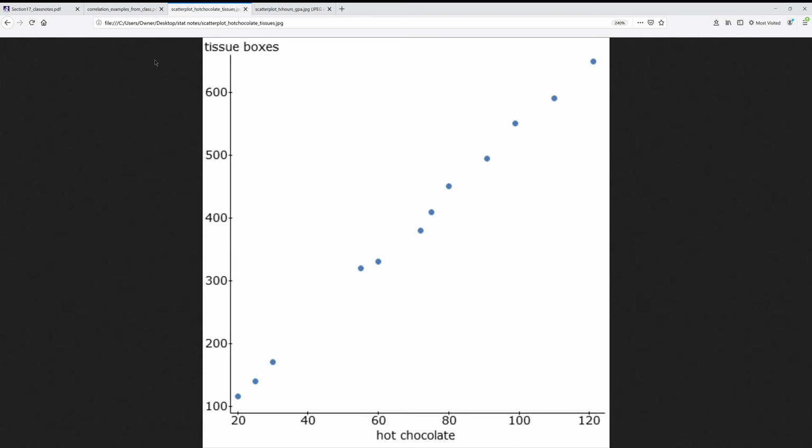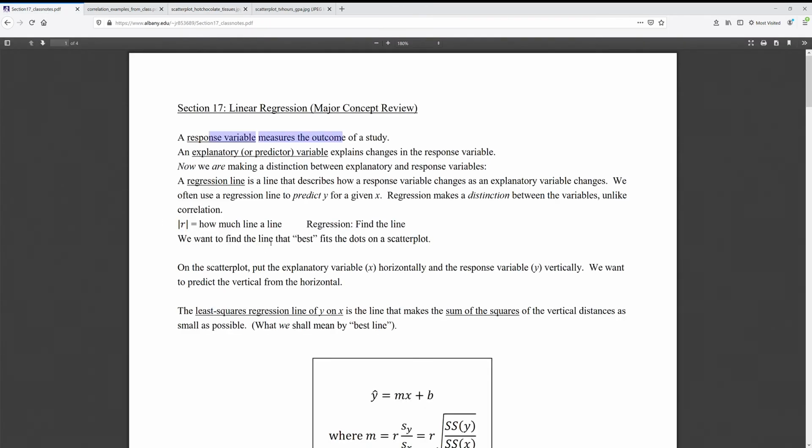You want to avoid the word cause, but nevertheless, you may be able to predict. You may be on somewhat solid ground if you said, okay, if I sold 40 hot chocolates this month, I would sell about 230 tissue boxes. Predicting puts you on somewhat solider ground than causation would.